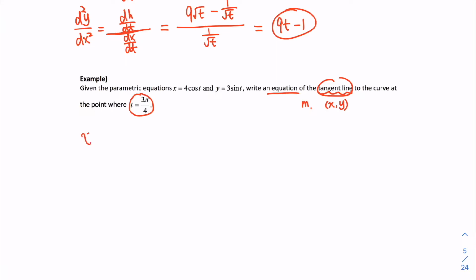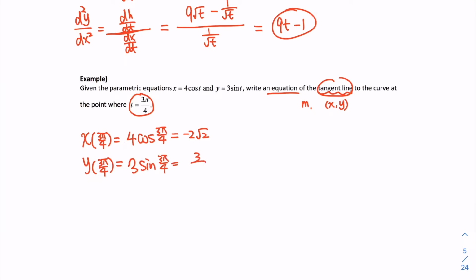When we plug t into x, it gives us 4 cosine 3 pi over 4, which gives us negative 2 radical 2. When we plug t into y, it gives us 3 sine of 3 pi over 4, which gives us 3 over 2 radical 2. So this is the point: negative 2 radical 2, 3 over 2 radical 2.